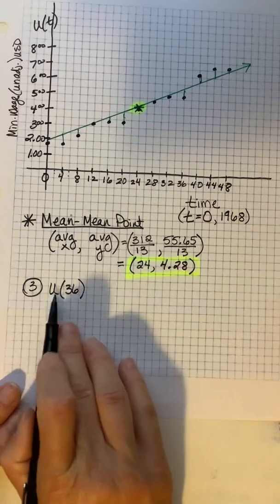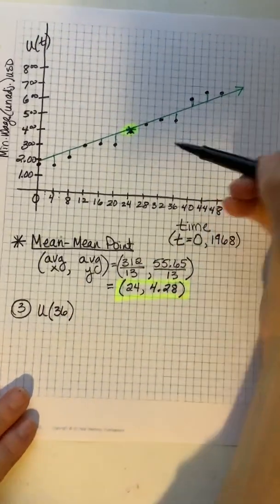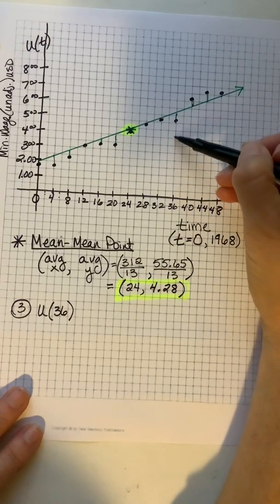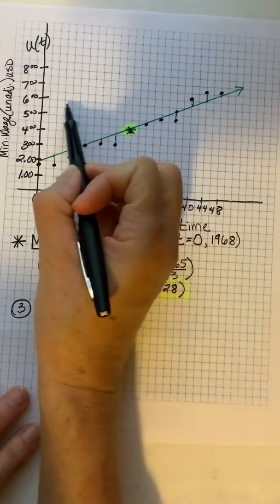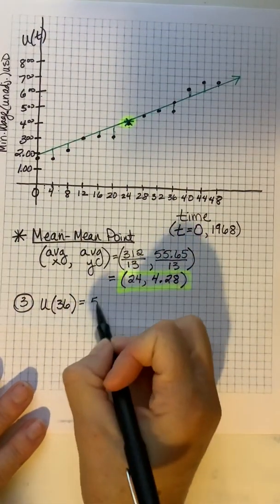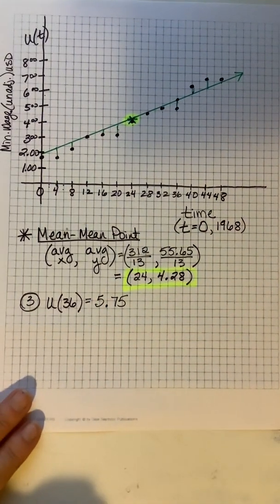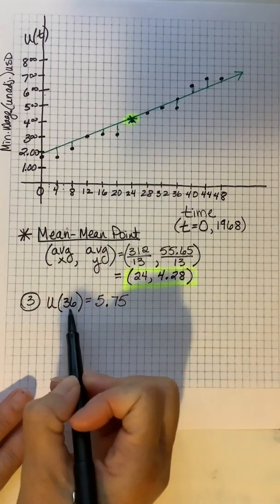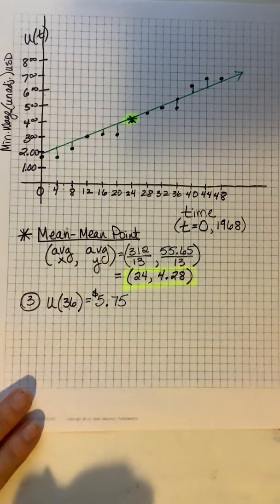All right, so at an input of 36, my line says that minimum wage should be about $5.75. So at year 36, or 2004, my line says that unadjusted minimum wage should be about $5.75.